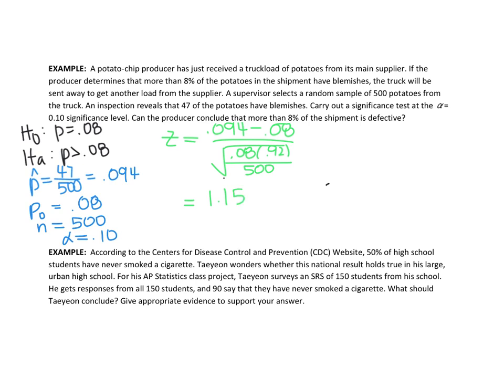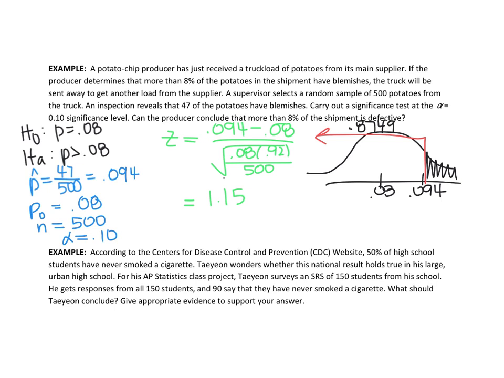So when we draw our curve, we have our mean of 0.08, we have our 0.094, we're looking at the area above. So if we use our z-score chart and we find our 1.15, the probability of being less than that is 0.8749.